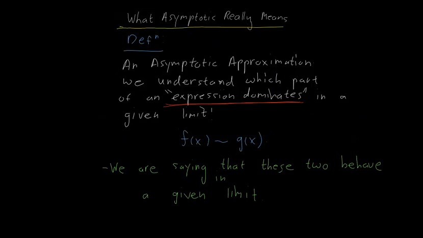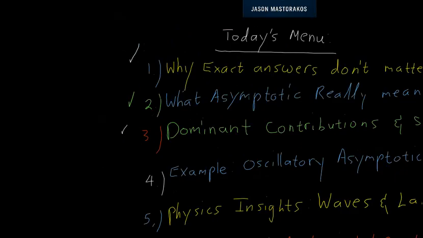That brings us to the next thing. We'll probably look at an example of oscillatory integrals and asymptotic oscillatory integrals. This would be interesting. Yes, dominance. We looked at the visual idea that dominant contributions matter.